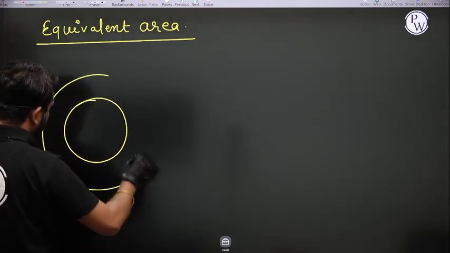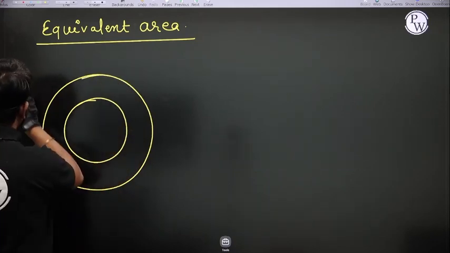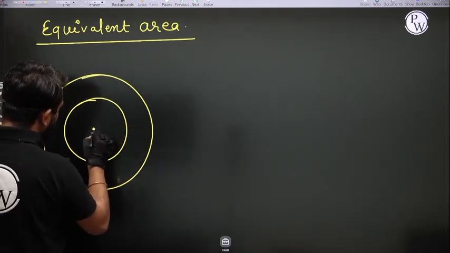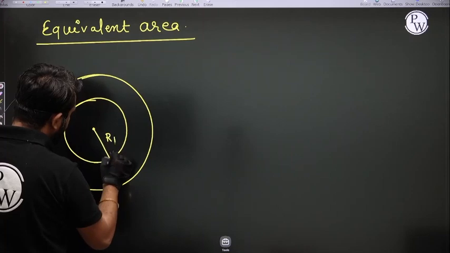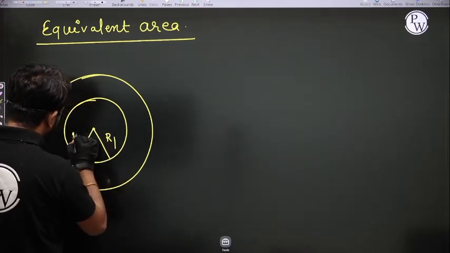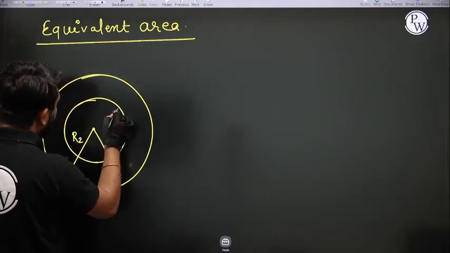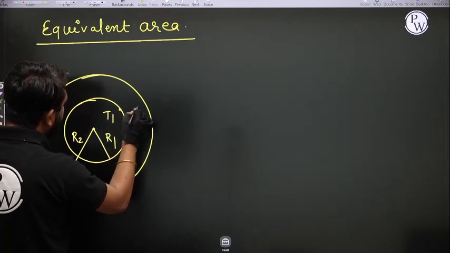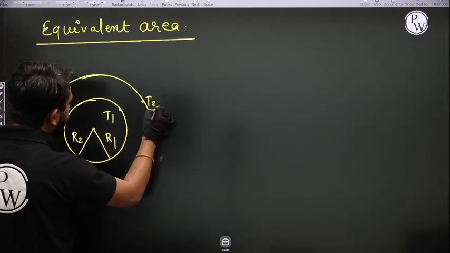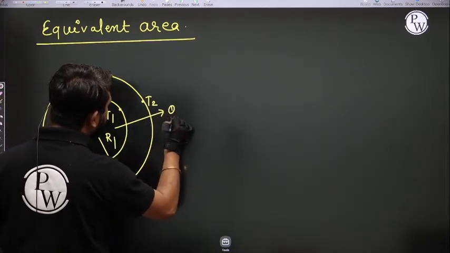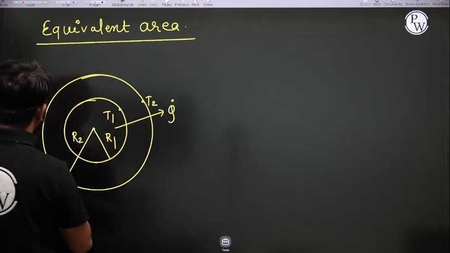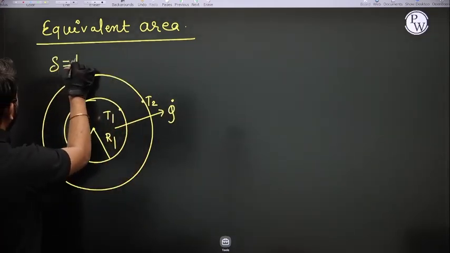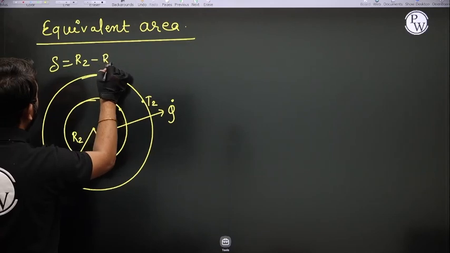Okay. This radius is R1, this radius is R2, here the temperature is T1, here the temperature is T2, and the rate of conduction heat transfer is Q dot. The thickness delta is equal to R2 minus R1.